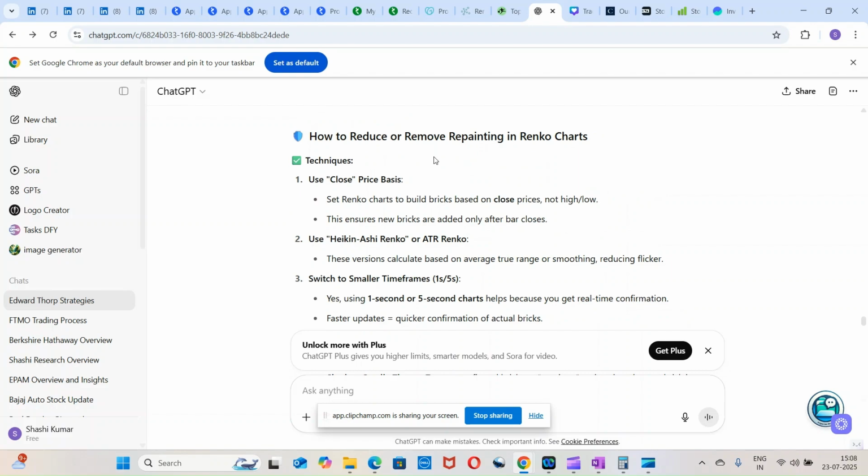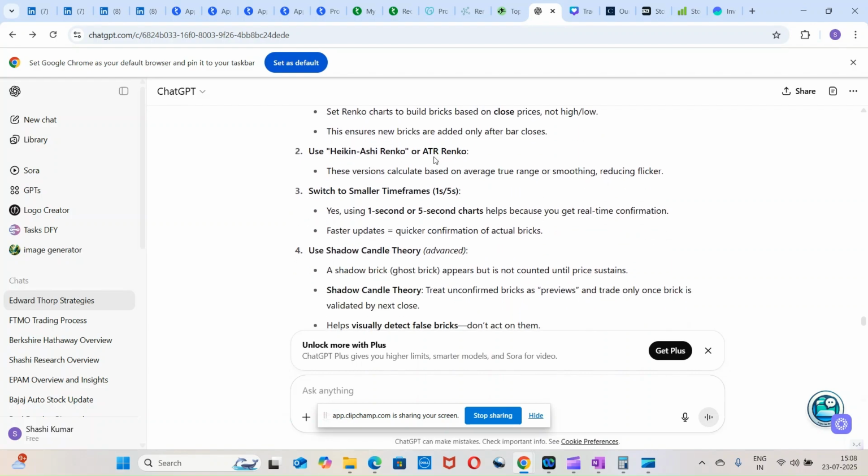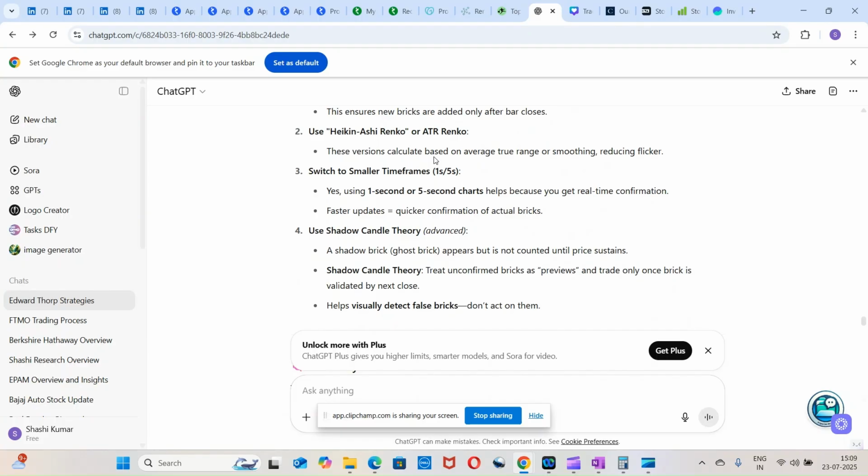repainting in Renko charts. Another advanced thing that you could do to reduce the repainting is use shadow candle theory. A shadow brick or a ghost brick appears, but it's not counted until price sustains. We told, right, the last brick gives you a preview, but it can disappear again. That's a shadow brick, a ghost brick, the preview that appears.